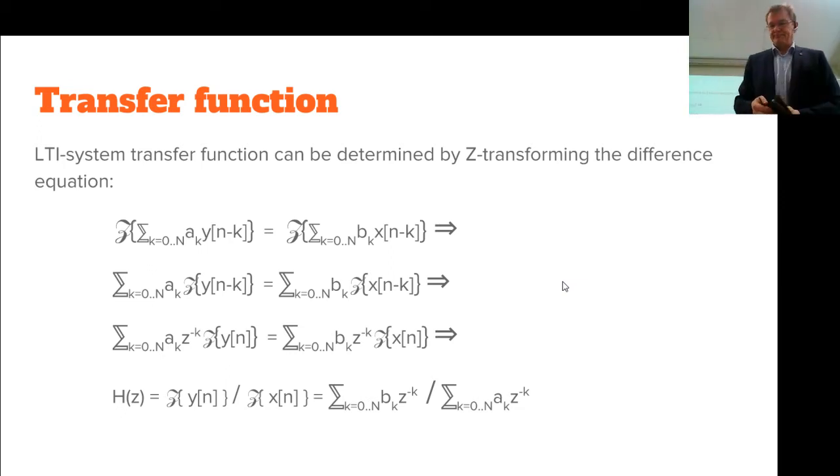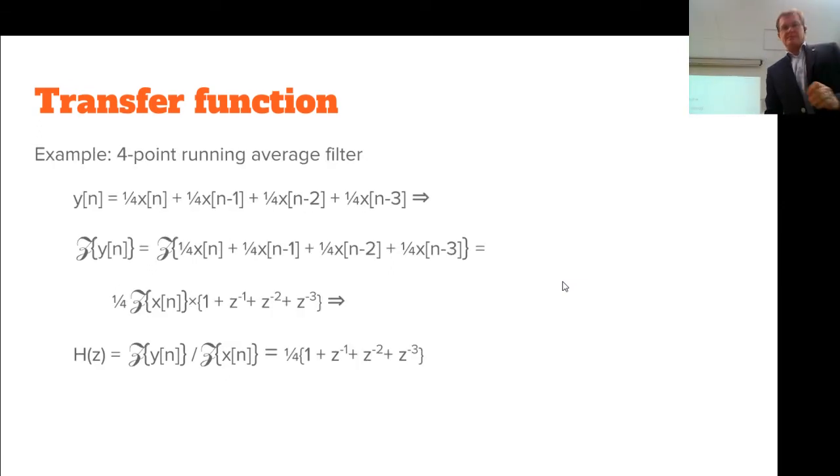Which is good. You don't need to do any extra calculations in between. So, for example, the 4-point running average filter, H of z. Well, this is the hard way, but if we just take this and compare, the b_k would be 1/4, and there will be 4 terms: z to the power of 0, z to the power of minus 1, z to the power of minus 2, z to the power of minus 3, and all are multiplied by 1/4.